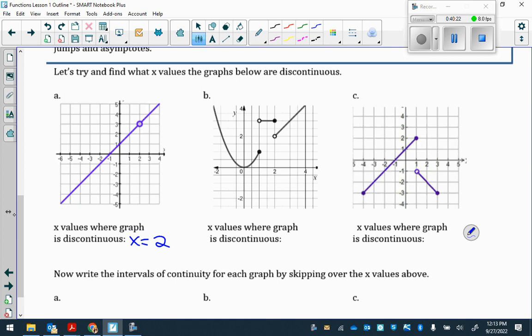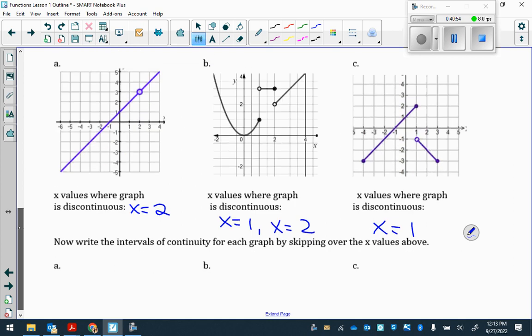What x values? 1 and 2. Good. Excellent. How about C? Yeah. 1. Everyone okay and see that? So all we did just now is find where the x values are discontinuous, where there's a hole or where there's a break in the graph.